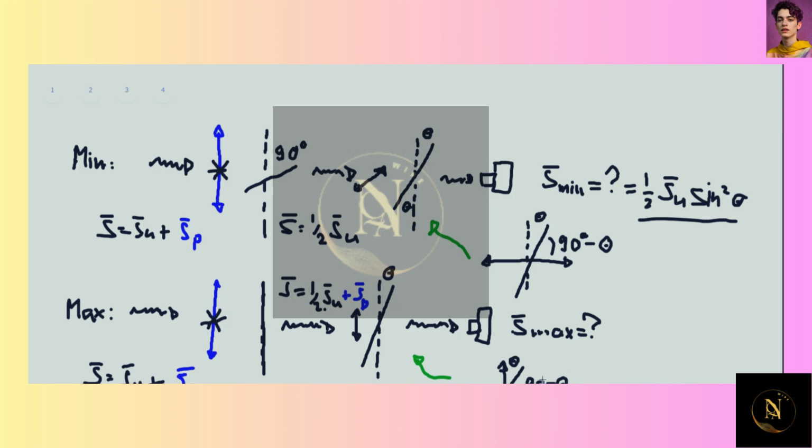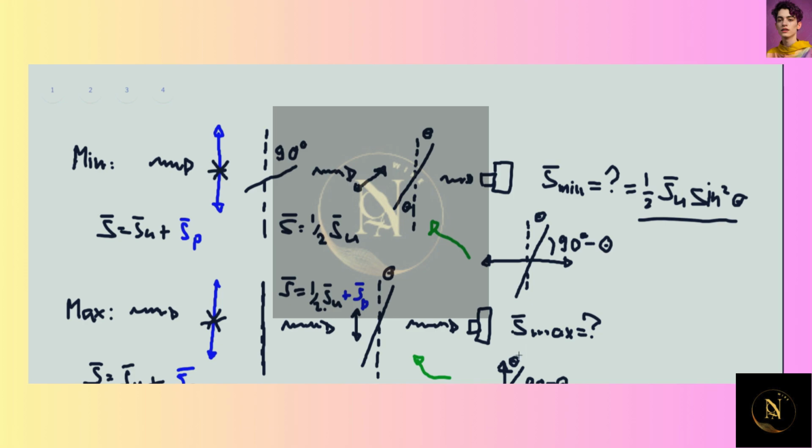Okay, so now what's the situation this time? Well, here we have that this is the maximum amount of intensity that we can have in the middle. We have blocked out basically nothing except for half of the intensity of the unpolarized light. So now the wave in the middle is an electromagnetic wave that's polarized along the initial polarization of the light. Let's say again that this is vertical, then if I don't rotate the second one, I need to resolve this polarization that's pointing in the vertical direction onto the polarization axis of the Polaroid.